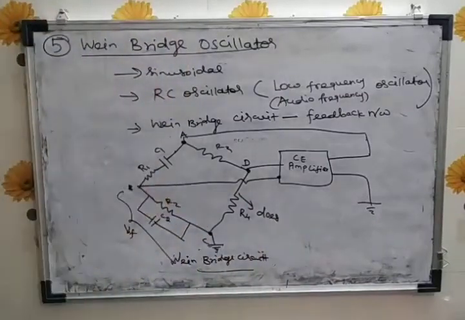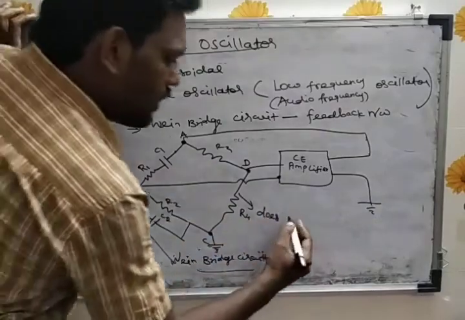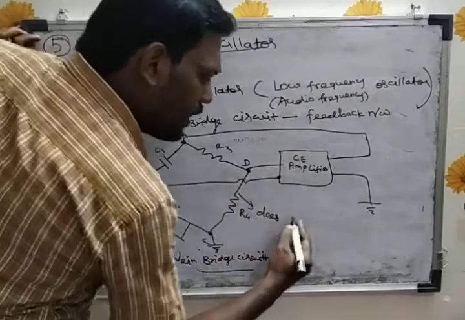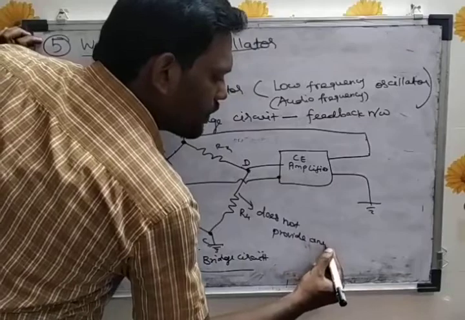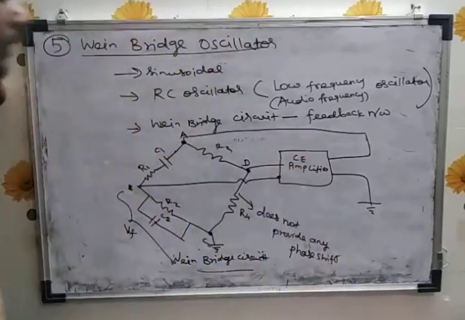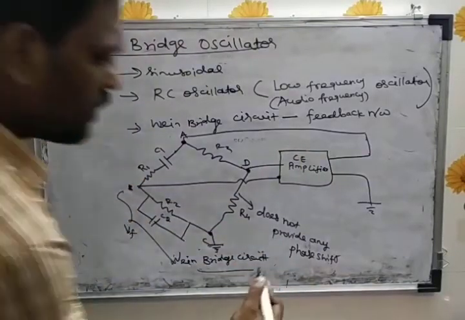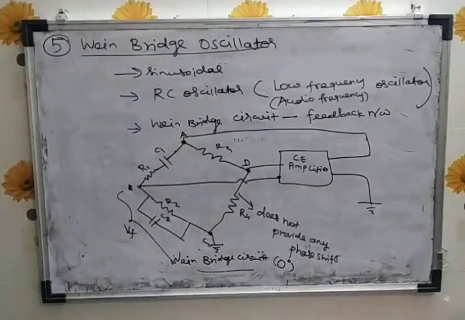If we measure the phase of the feedback network, we get only 0 degree. So we need 360 degree phase shift for sustained oscillation.